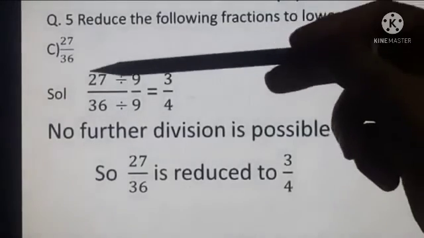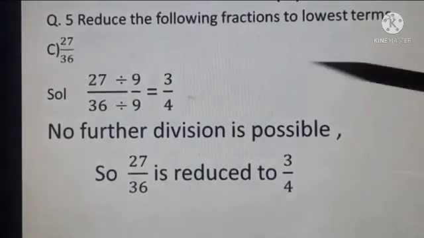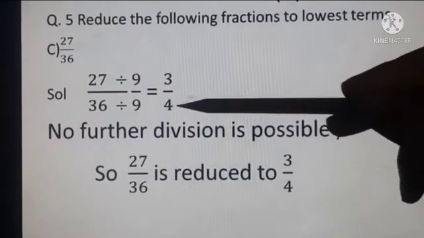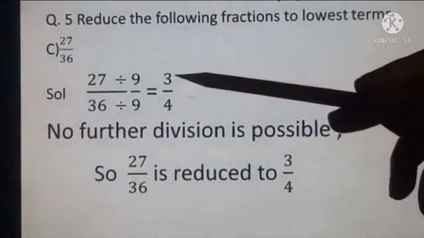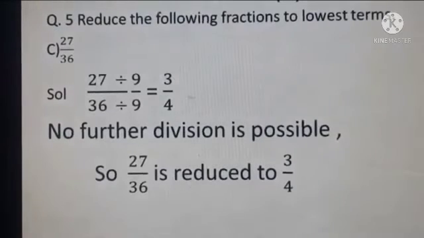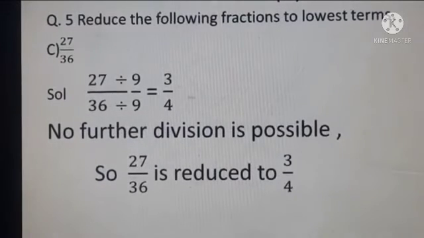So our fraction 27 upon 36 will become 3 upon 4. Now 3 is an odd number, 4 is an even number, and no common factor is here. So no further division is possible. So 27 upon 36 is reduced to 3 upon 4.